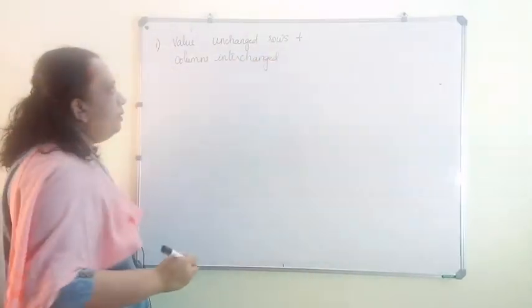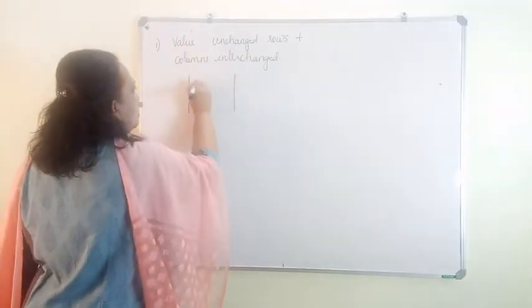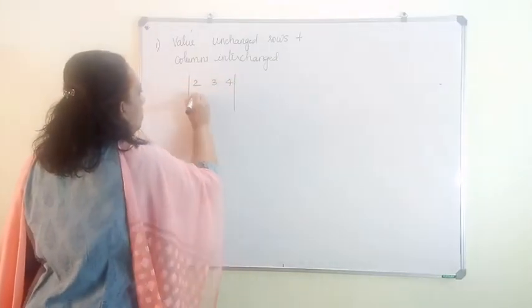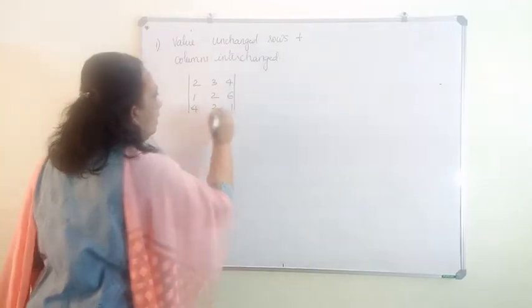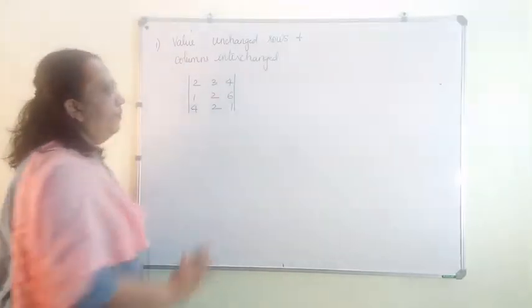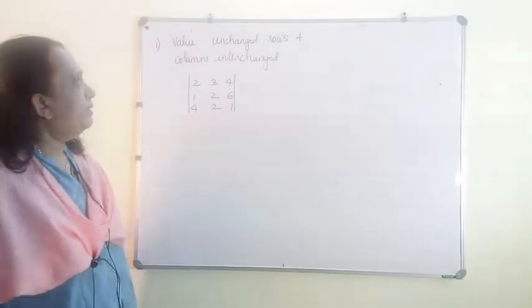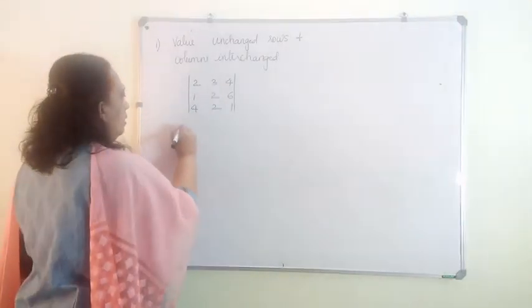That means when you have a determinant 2, 3, 4, 1, 2, 6, 4, 2, 1. I am not going to do it in detail. You can find the value of this determinant. This value of the determinant, or let us consider this one.